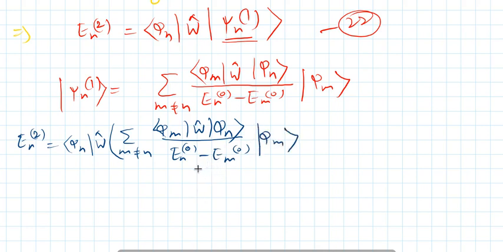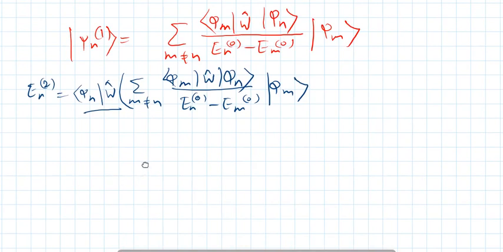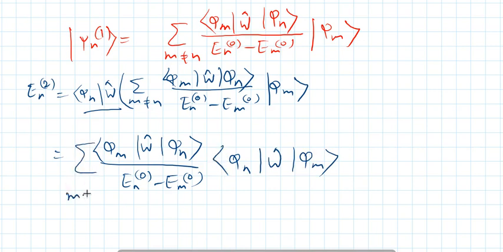Now bringing this inside, this equation can be written as phi m W phi n over En0 minus Em0, and here it is phi n W phi m, summation m is not equal to n.